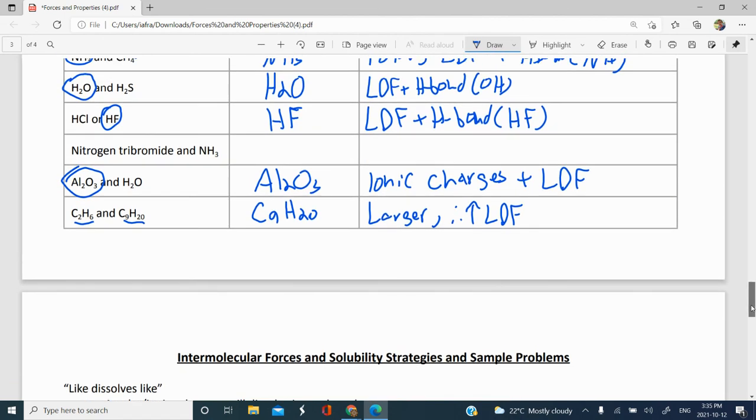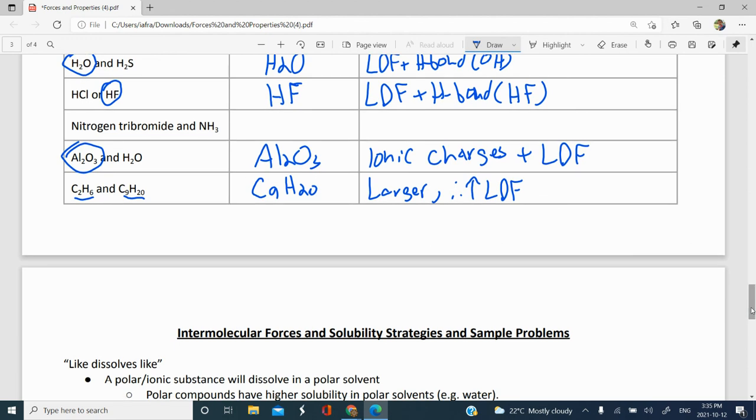And the last one I want to do is the nitrogen tribromide and the NH3. So nitrogen tribromide versus NH3.